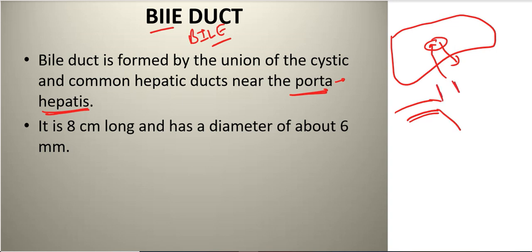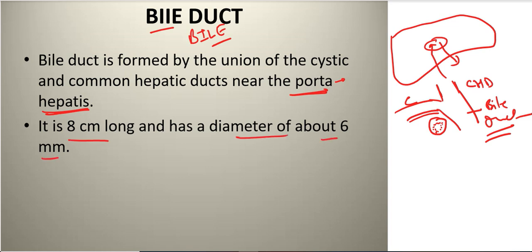This is common hepatic duct, and this region is near the porta hepatis. Then near the porta hepatis, cystic duct and common hepatic duct unite and finally form bile duct. The measurement of the bile duct is 8 cm long and diameter is 6 mm.